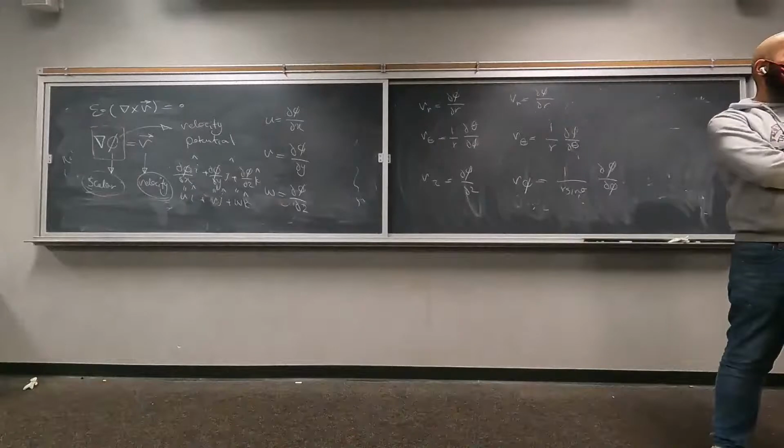The idea, we were able to find the derivative of u with respect to y. The next step is to find the derivative of v with respect to x. The other piece of information we have is that this flow is incompressible. For a two-dimensional incompressible flow, the continuity equation is going to look like this: derivative of u with respect to x plus derivative of v with respect to y is going to be 0.